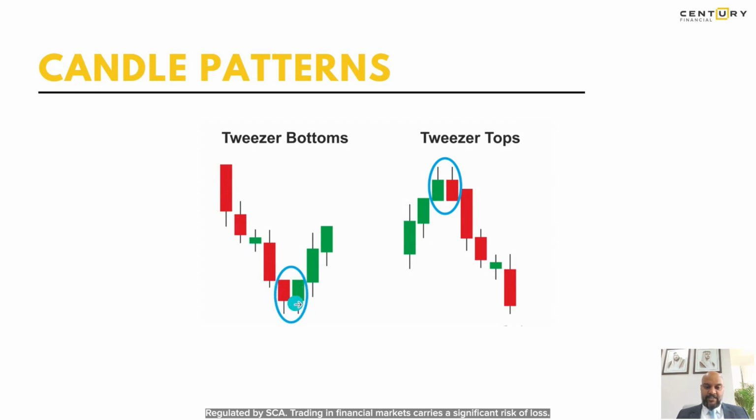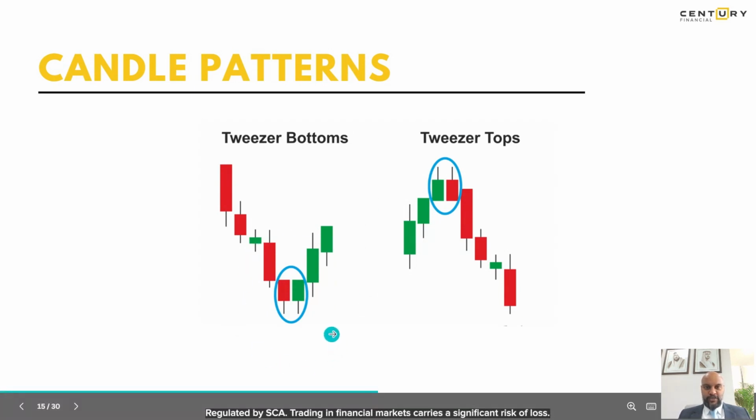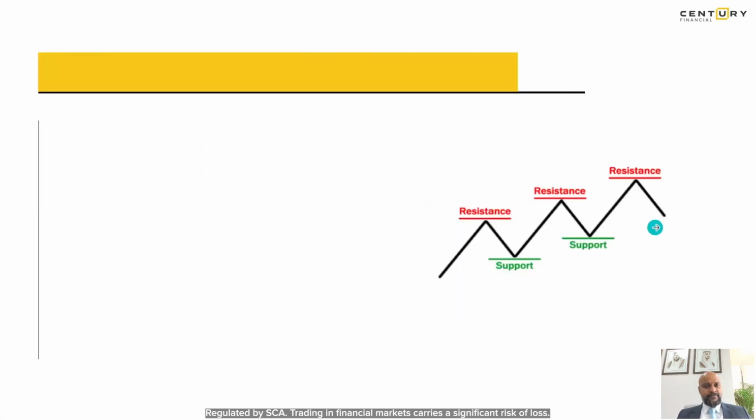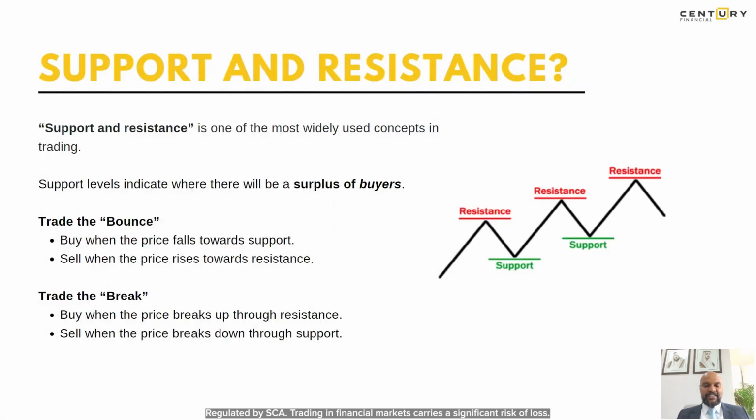And eventually, once the second candle has been formed, which is equivalent to the previous one, you see a tweezer bottom forming here, and you can expect the prices to move back up. Again, we should be using this in conjunction with other technical indicators and not in isolation of using these candle patterns alone. Let's move forward to looking at the next very crucial and important aspect of technical analysis.